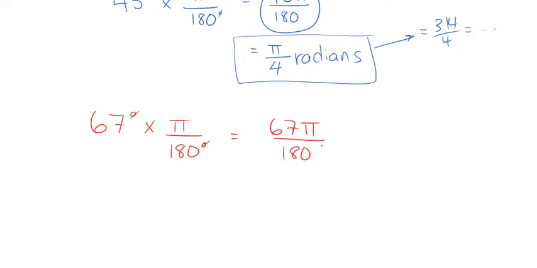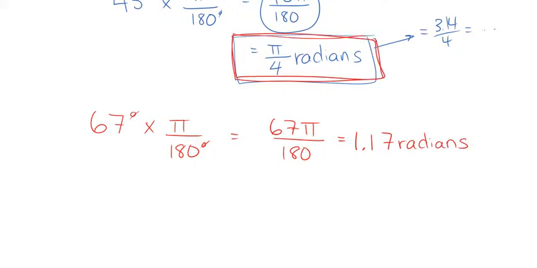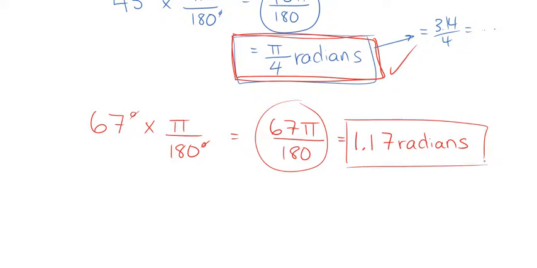So in that case, we would just go ahead and calculate it as a decimal value. So we would say 67 times pi divided by 180 will equal 1.17 radians. Sometimes it's nice to leave it in exact form, like this pi over 4 looks good. But in this case, that's a ridiculous number. So in this case, maybe it would be better to put it as a decimal value.